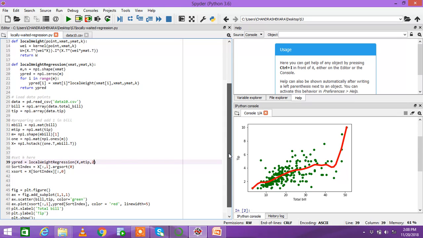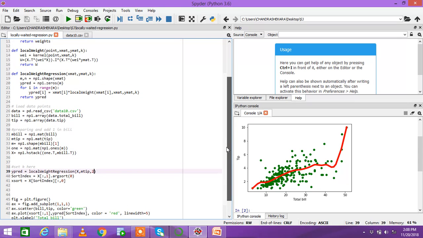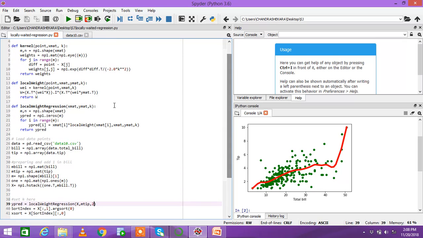Now, once we call the locally weighted regression, it comes to this particular function. In this local weight regression, np.shape will give you the size of that particular array, and for y predict we are creating a matrix where the y predict values will all be initially 0.